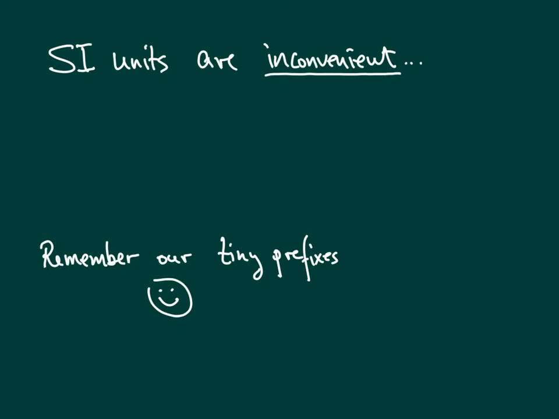Really the problem is that SI units are decidedly inconvenient for this problem. SI units are also often called MKS units, because all units in mechanics are based on three things: a length, a mass, and a time.